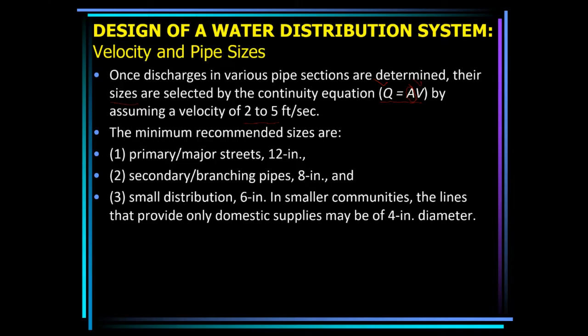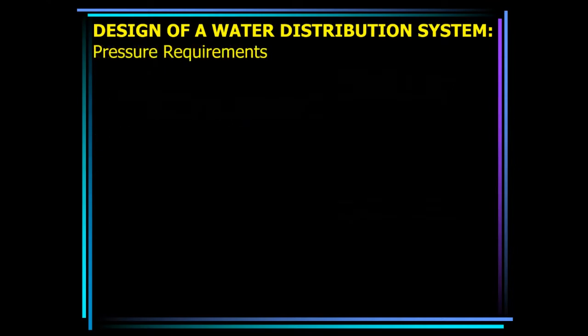So you can see the pipe diameters are decreasing from the mains to the sub-main down to the service line. So our diameter should be within this range, depending on the particular pipe that we are designing for. Is it for the main, for the sub-main, or for the service network?